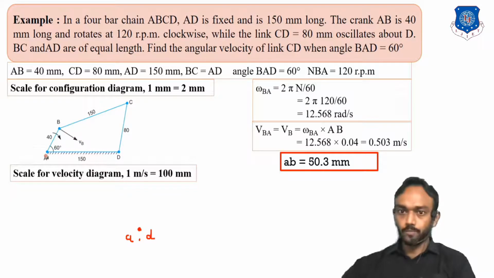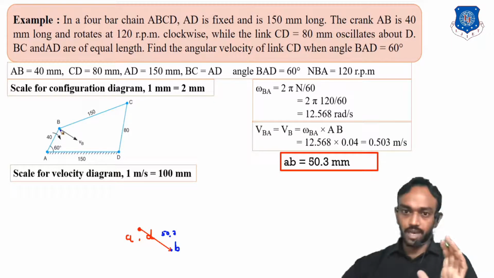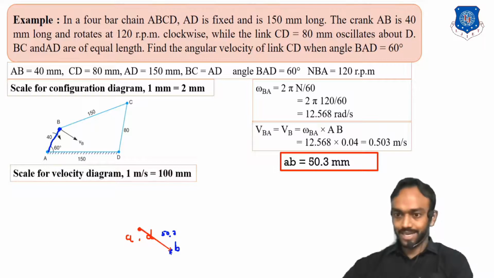So you draw the line from this point in the same direction, and the length of this line will be 50.3 mm. Draw the line here, with length 50.3, and the point you get is small b. That's how you have drawn the first vector, the velocity of B with respect to A, and this is the first line you are making.